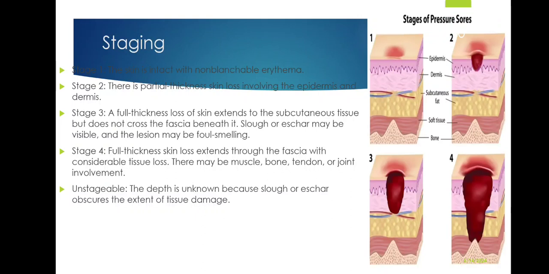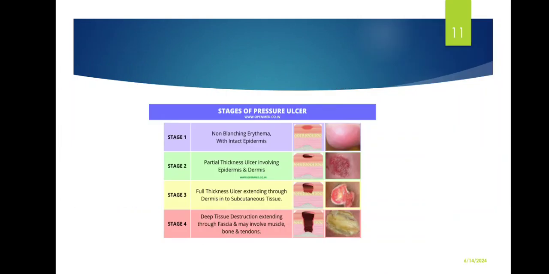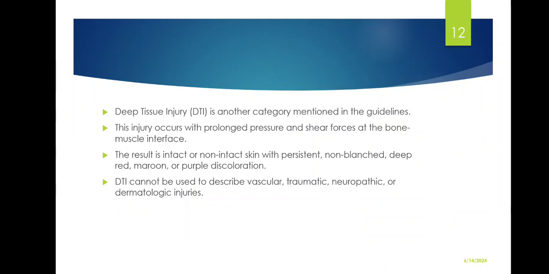Then stage 4, full thickness skin loss extends through the fascia with considerable tissue loss. There may be muscle, bone, tendon or joint involvement. Then it may also be unstageable, whereby the depth is unknown because of slough or eschar that obscures the extent of tissue damage. Then deep tissue injury is another category that is mentioned.